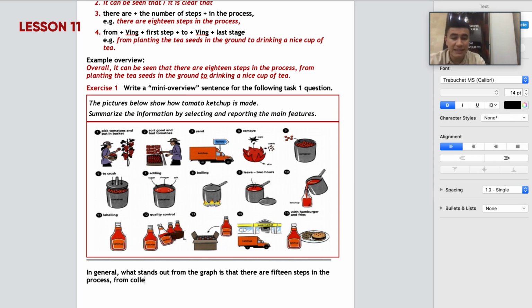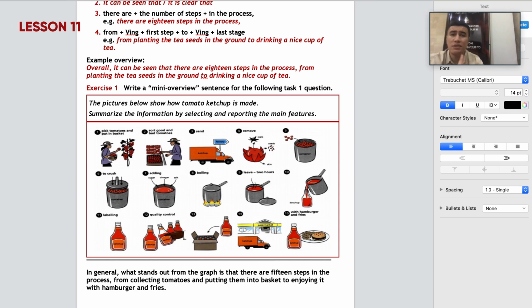From collecting tomatoes and putting them into basket to, with hamburger and fries, to enjoying it with hamburger and fries.